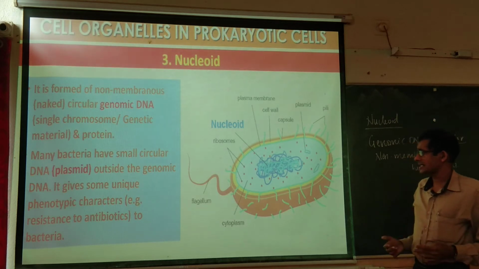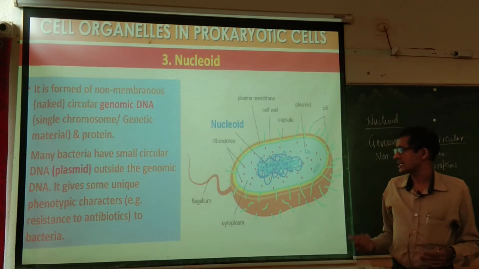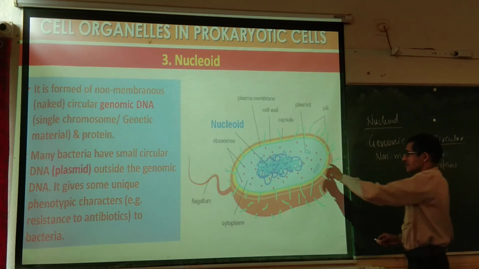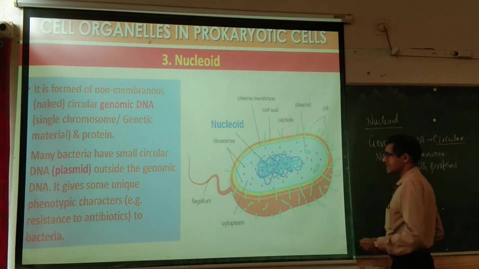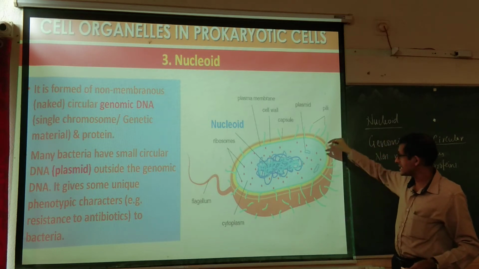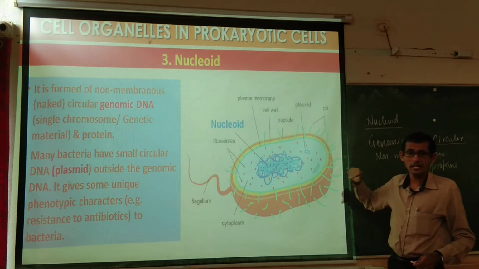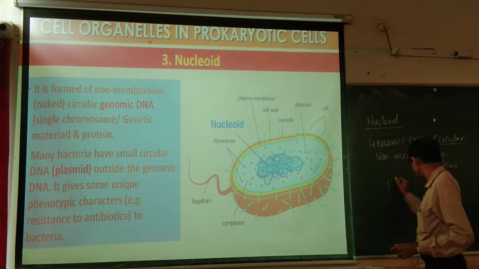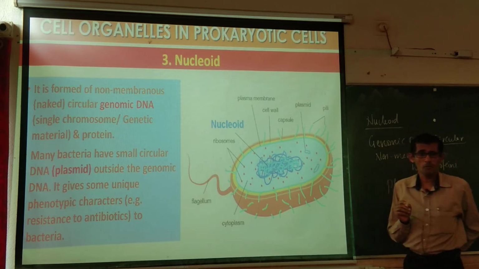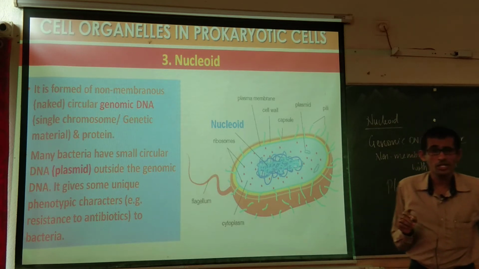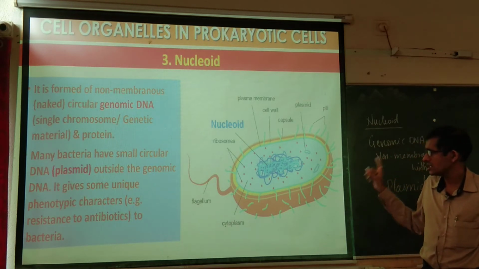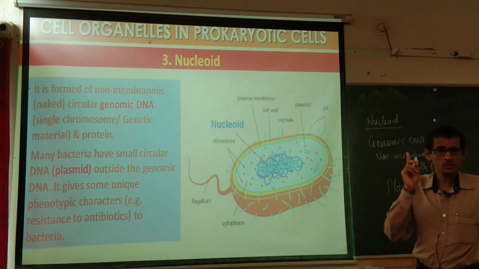Then many bacteria have small circular DNA outside the genomic DNA. Along with this genomic DNA, many bacteria have a very small additional circular DNA, which is called plasmid. Plasmid is an extra chromosomal material, extra genetic material, circular DNA present outside the main genetic material.